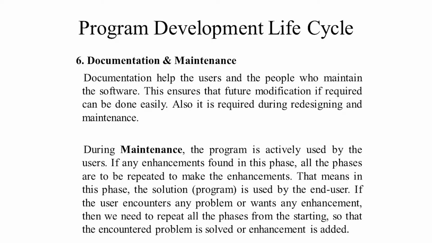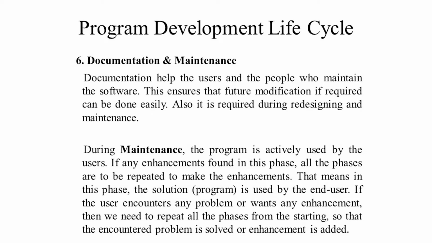So if any enhancements are found in this phase, all the phases which we have gone through are to be repeated to make the enhancements. That means in this phase, the program solution is used by the end user.